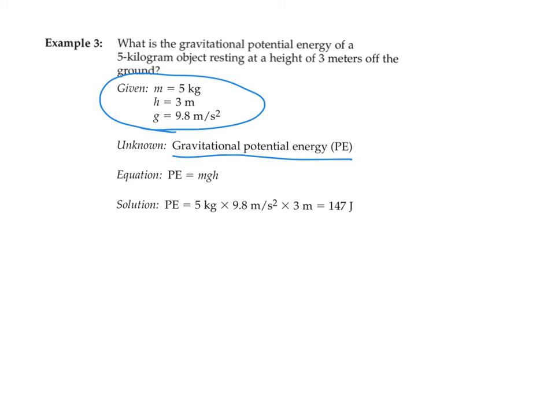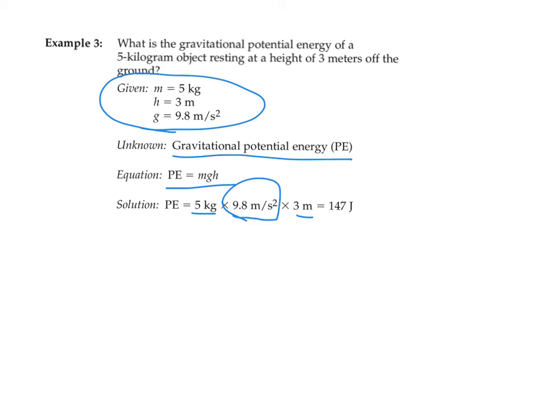So the first thing we're going to do is write out our equation that we're using. Then the second thing is we substitute everything in. There are 5 kilograms. We know gravity is 9.8 meters per second squared, and we know that the height is 3 meters.